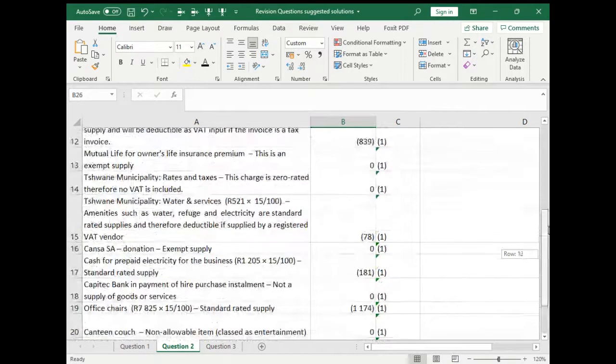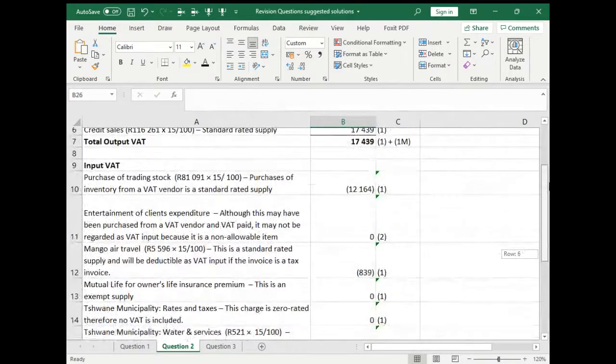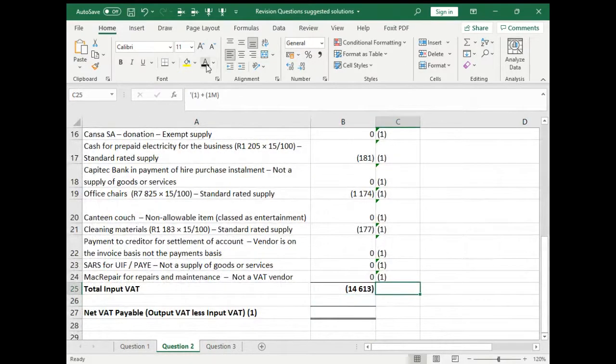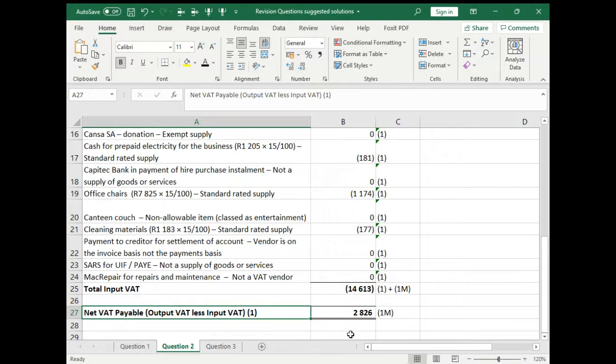I deduct that input VAT from the output VAT of 17,434 to get to net VAT payable of 2,826. Okay, do you guys have any questions on VAT and the calculation of it?